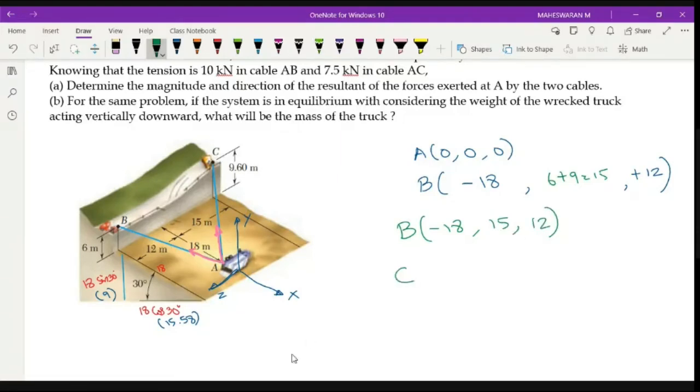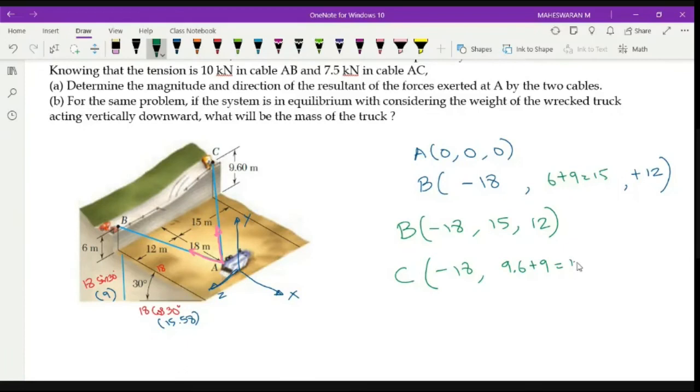C coordinate now. X-axis, same, it is minus 18. Y-axis is 9.6. You can see that this is steeper, somewhat at a higher height. So 9.6 plus 9, what is the value?